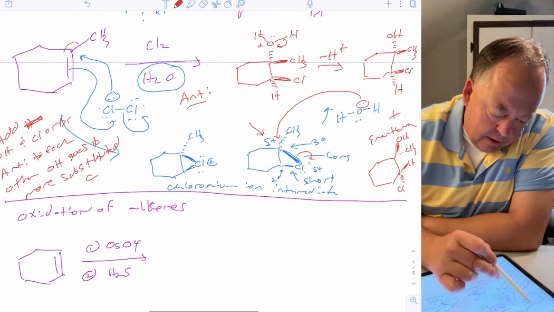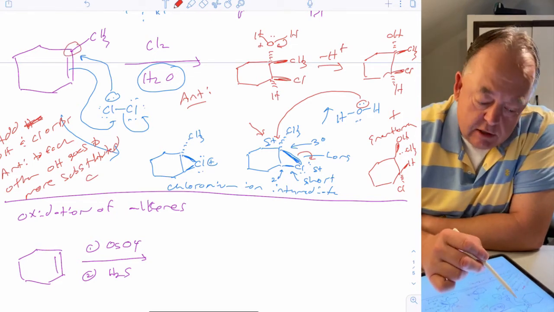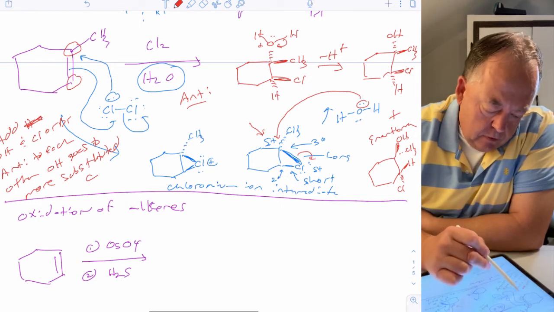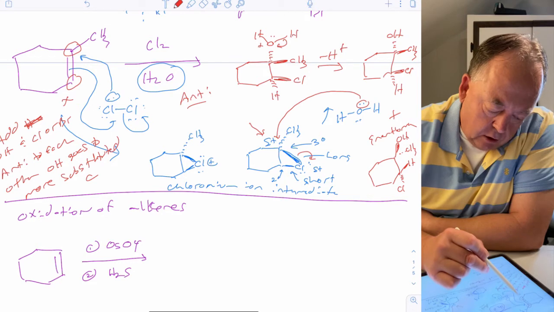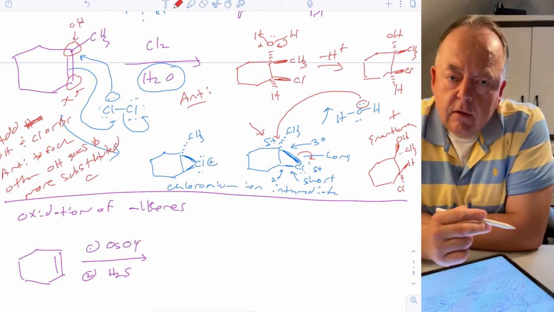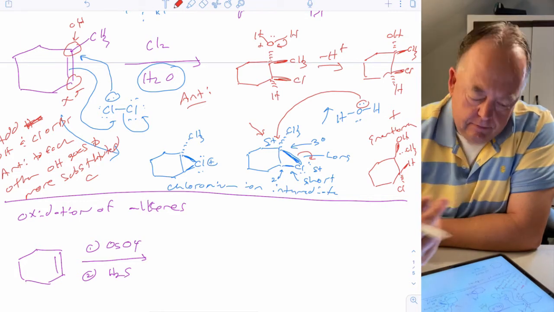Right, so this carbon has 3 carbons attached to it. This carbon has 2 carbons attached to it. So we'll just call X bromine or chlorine is going to go there, and OH is going to go there. And they're going to be opposite of each other.